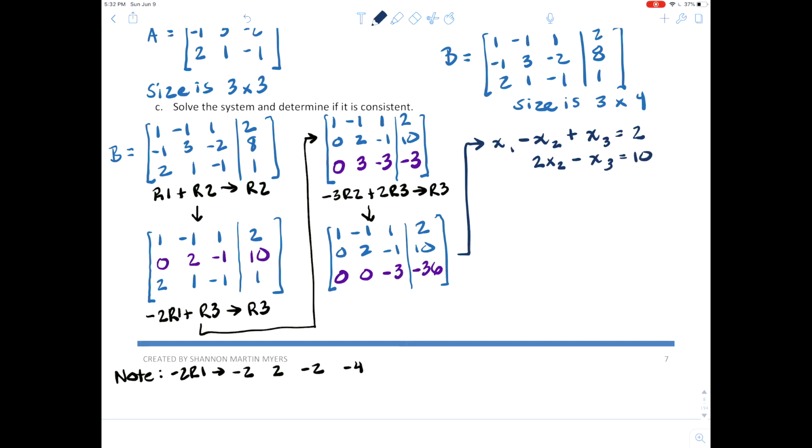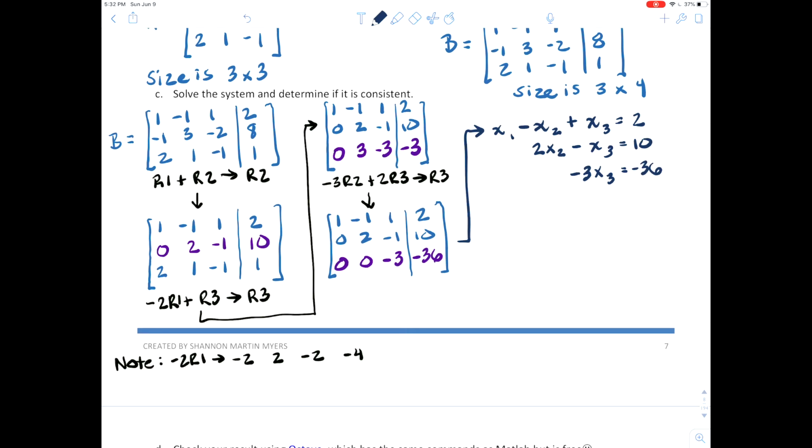And then 0x1 plus 0x2 minus 3x3 equals -36. So do you see how easy that's going to be to solve? So this row here, do you see that x3 is going to equal +12?